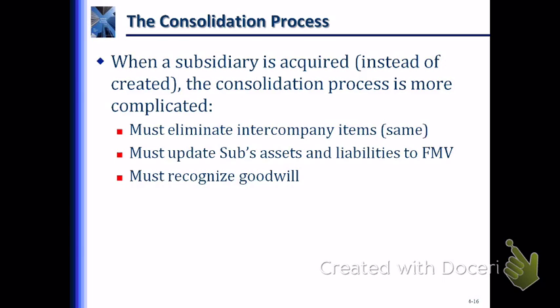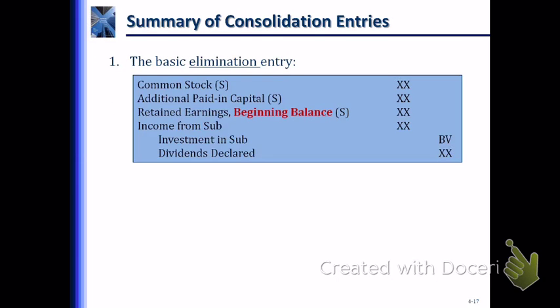We also have to recognize the goodwill. So we still have the same basic eliminating entry, and this is recording the book value. So that's always going to happen. And when we have a non-controlling interest added to this, we just are adding the two non-controlling interest accounts.